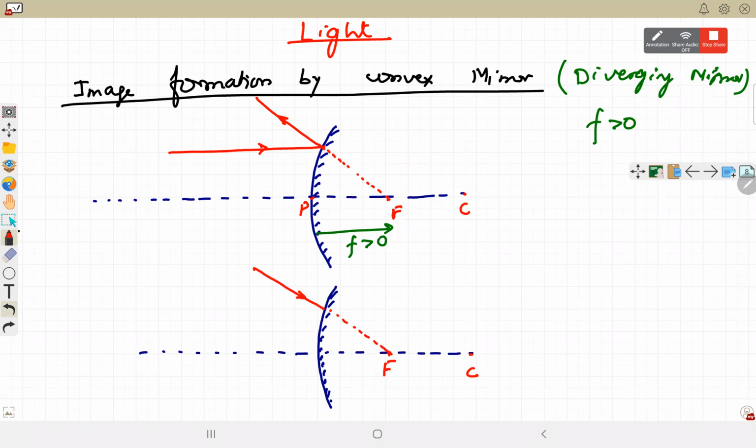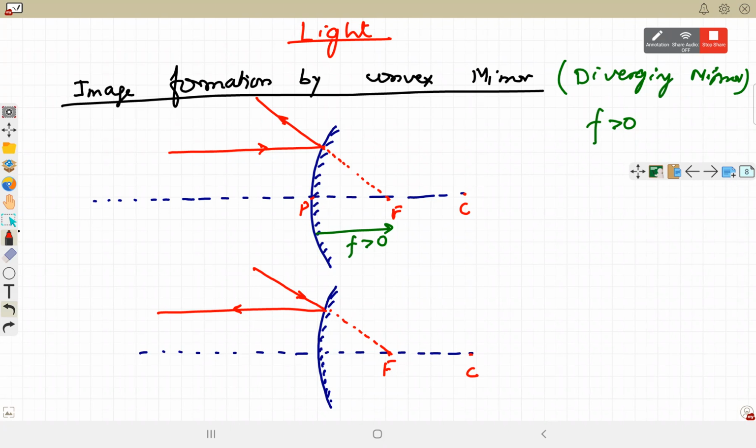If light seems to be going to the focus, it is exactly again by the principle of reversibility. By the principle of reversibility, a light ray follows the same path if the object and image are replaced. Correct?